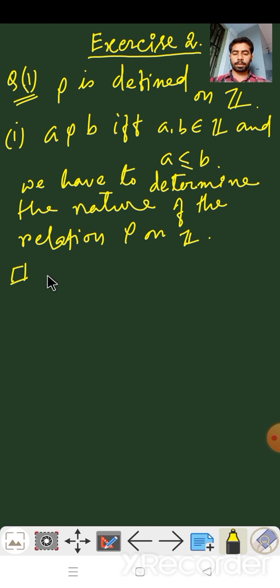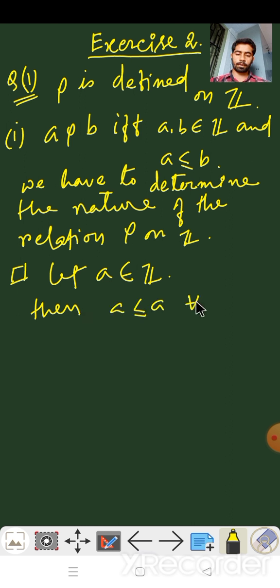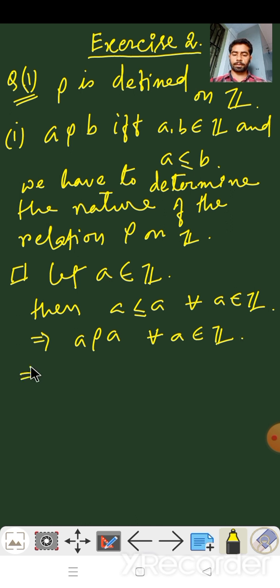The first step is to check the reflexivity. Let A belong to Z, then A is less than or equal to A for all A belonging to Z, which implies A is related to A for all A belonging to Z, which implies rho is reflexive.